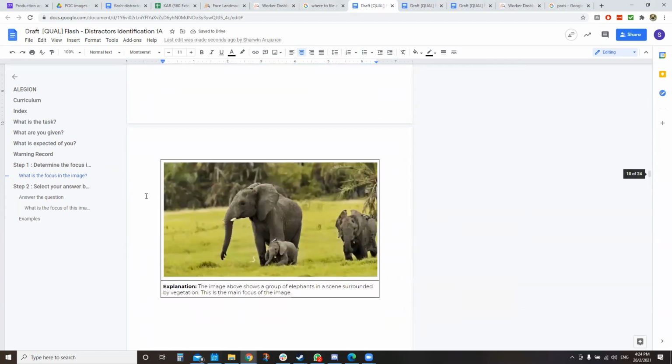All right, same thing goes here. Focus is of course the elephants who are walking on the grass. This tree here is definitely a distractor. This tree in the background is fine because it doesn't really take away your focus from this picture. But this tree you can remove, and this part here.